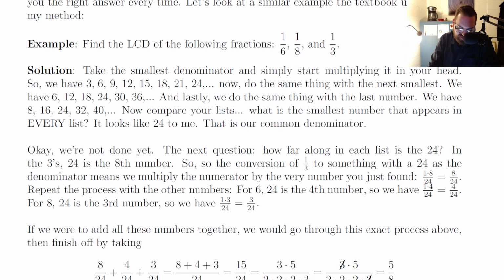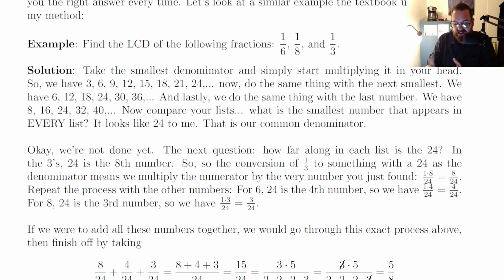So in this case, you can read the notes here, 1 times 8 over 24, which is the common denominator, is the same thing as 8 over 24. So all we're doing is converting 1/3 into 8/24, which, if you can see, are exactly the same thing.